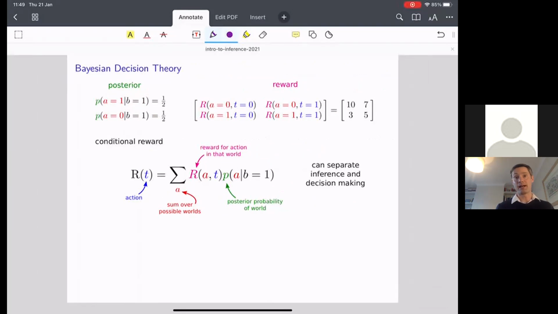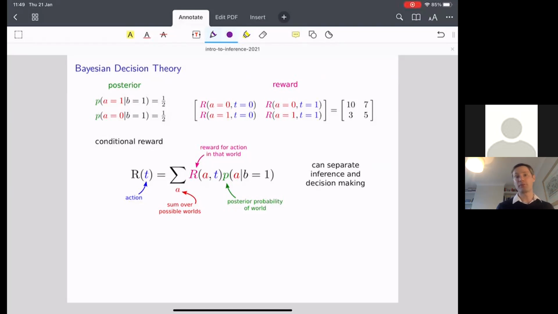We didn't need to talk about that because it turns out the optimal thing to do is compute the posterior distribution regardless of what decision problem you're going to go and solve, and then for that particular decision problem, compute R, the reward function, which depends on the action and the underlying state of the world, and then compute averages over the posterior distribution.